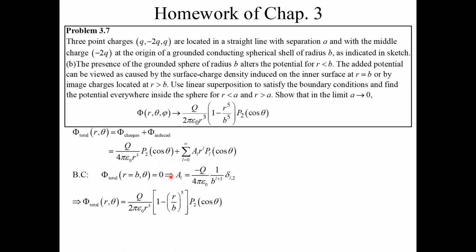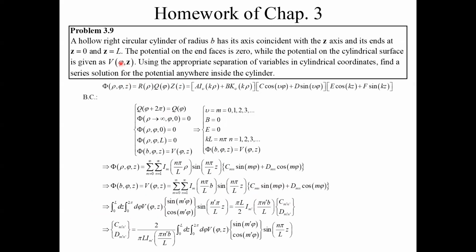Following the same steps, we will get the coefficient AL should be like this, and the same, only L equals 2 terms will survive. So we will have the answer here. Okay, this is for problem 7.